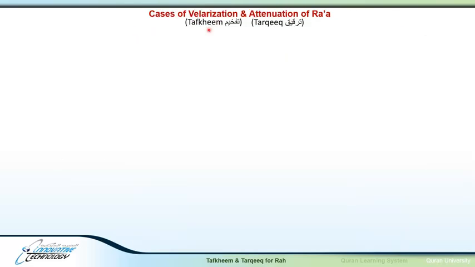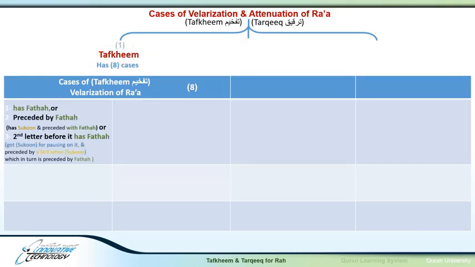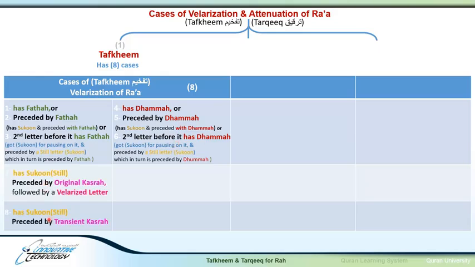Let's now talk about the possibilities of the cases of velarization and attenuation for the letter Ra. There are three possibilities. The first one is Tafkheem or velarization, which could be caused by 8 possible cases. 3 of them are related to the Fatha, the movement Fatha, another 3 cases are related to Dhamma, and 2 more cases related to Sukoon.